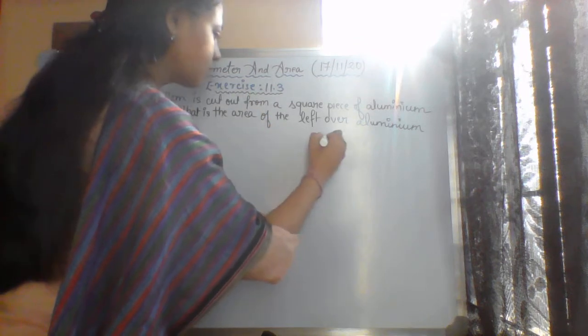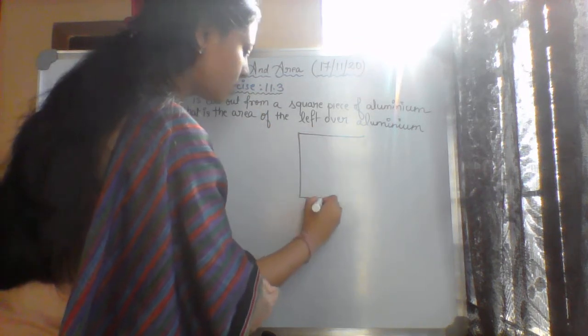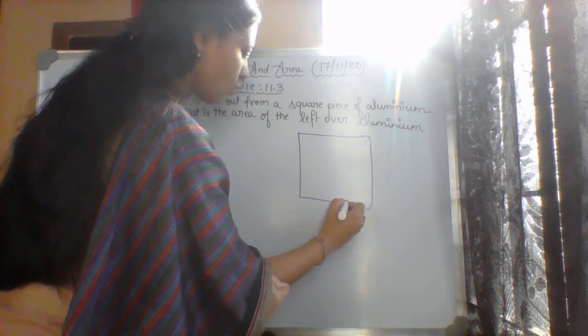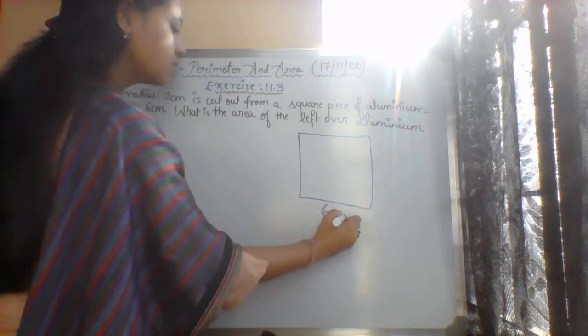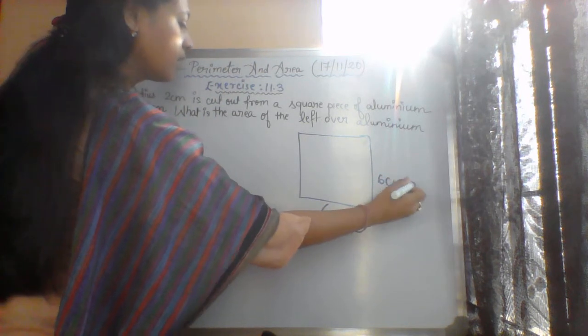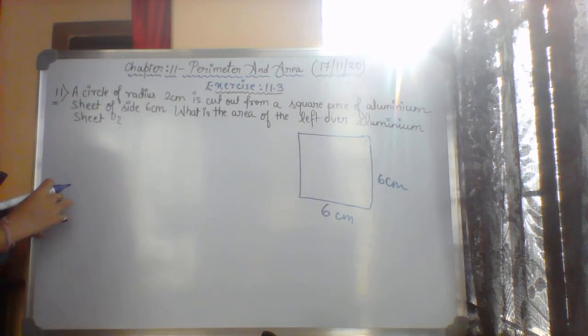So there is one aluminium sheet of side 6 cm, since all sides are equal for a square.